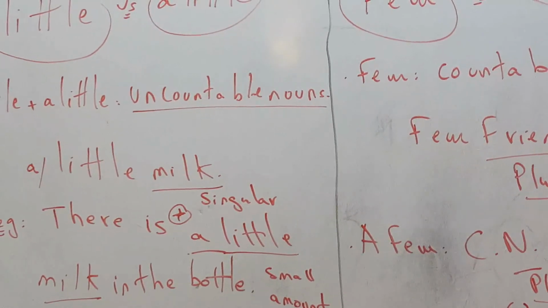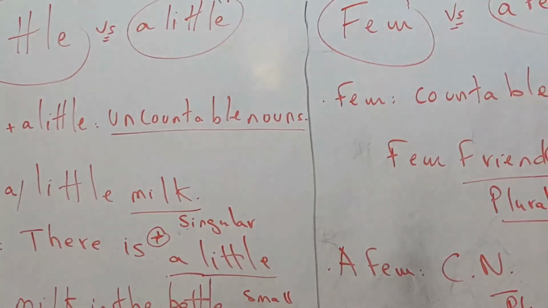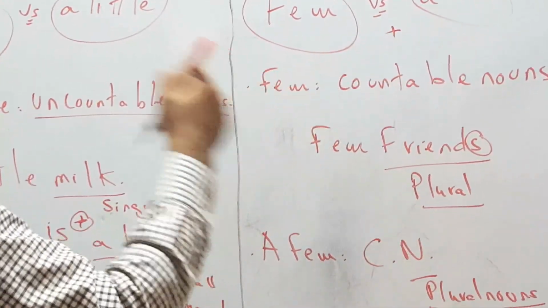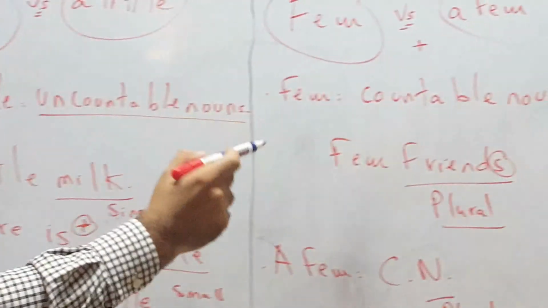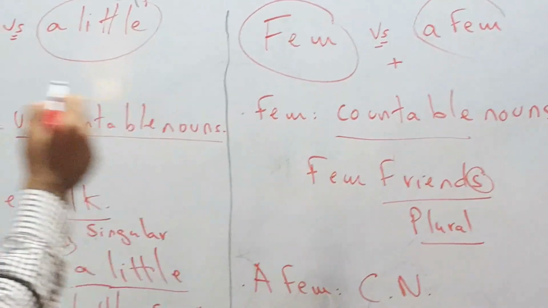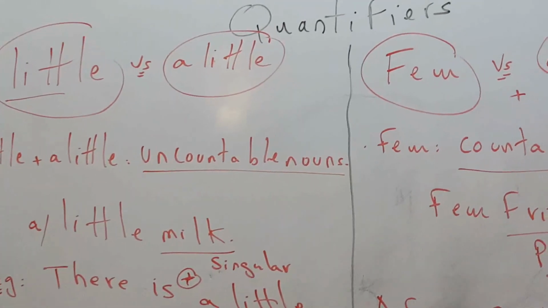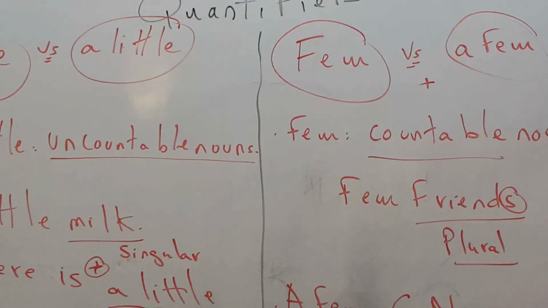That is, the small amount, even if it is small, is satisfying. The common thing between few and a few is that they are used with countable nouns, while little and a little are used with uncountable nouns. But this is actually all about some quantifiers, and thank you very much.